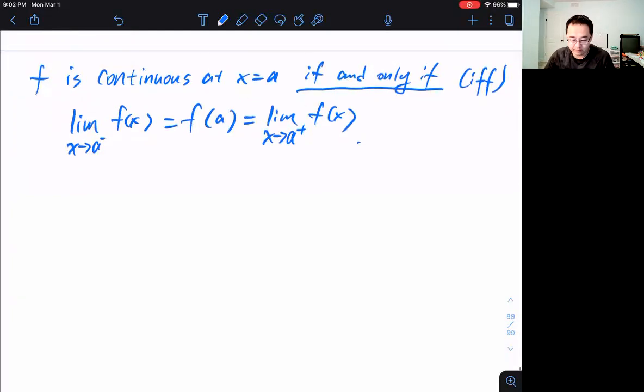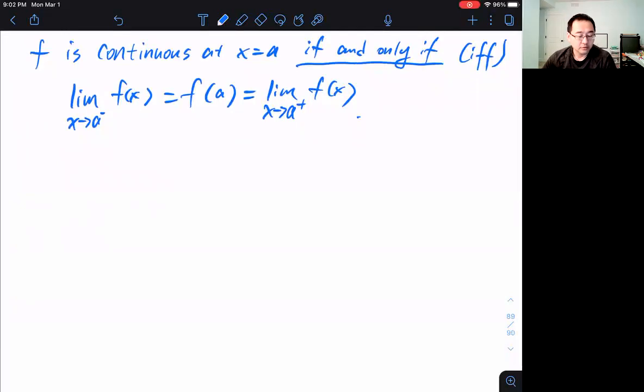Now, sometimes you want to look at a function's continuity on an interval.